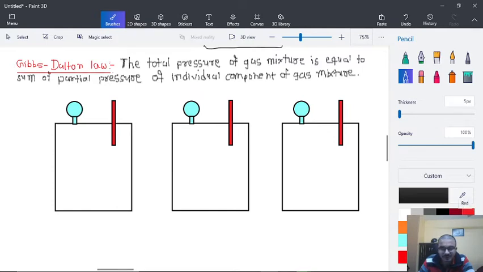Let's say we have different gases inside.